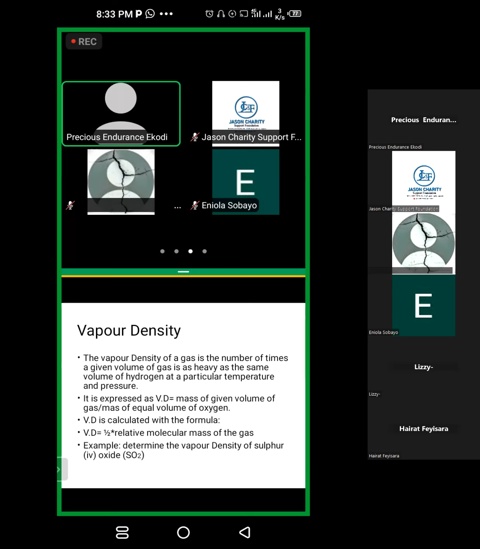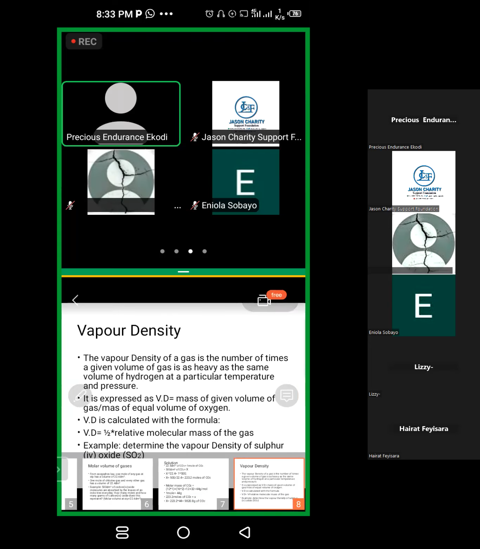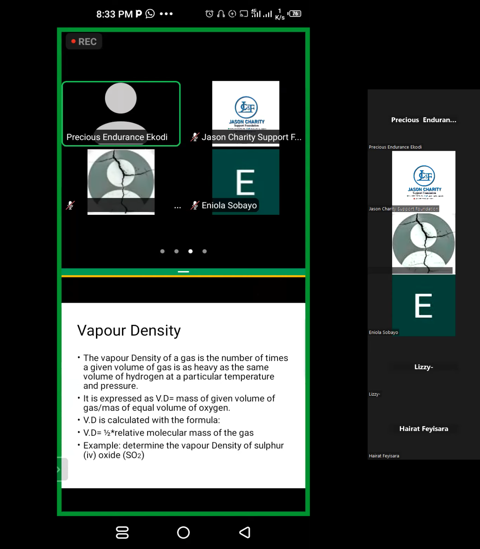Now, it is expressed mathematically as Vd, which is vapor density, equals the mass of a given volume of gas divided by the mass of an equal volume of hydrogen, not oxygen, please.